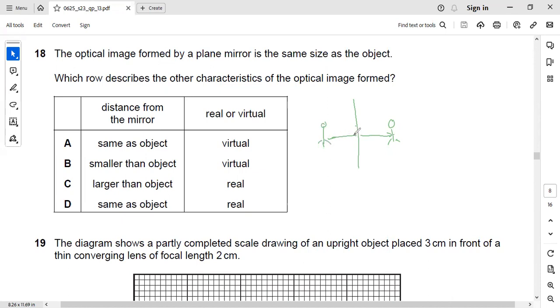The image is located at the same distance behind the mirror as the object in front of the mirror. This is a plane mirror and we cannot recreate this image. It cannot be projected on a screen. So the right answer is: distance from the mirror will be the same as the object. It is not a real image. We cannot project it on the screen. It is a virtual image. So the right answer is A.